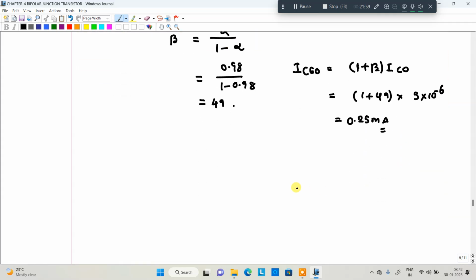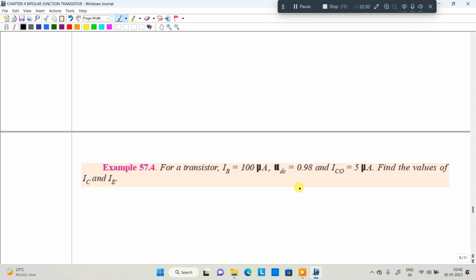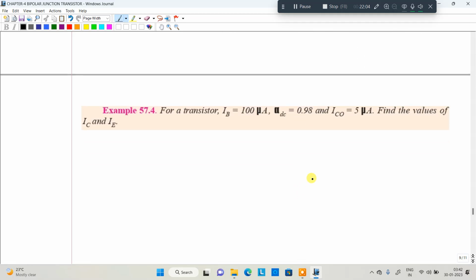Next we are moving to another problem, number 4. For a transistor, IB is given as 100 microamperes, alpha DC is equal to 0.98, ICBO is equal to 5 microamperes. Find the values of IC and IE. I gave one formula for IC under all these conditions. IC is equal to alpha into IB divided by 1 minus alpha, plus ICBO divided by 1 minus alpha.